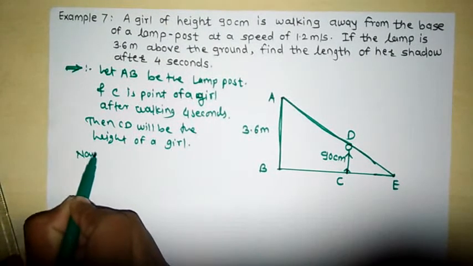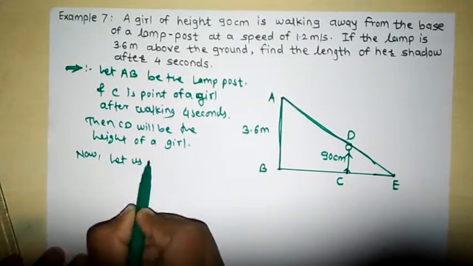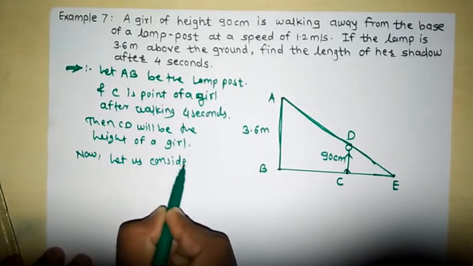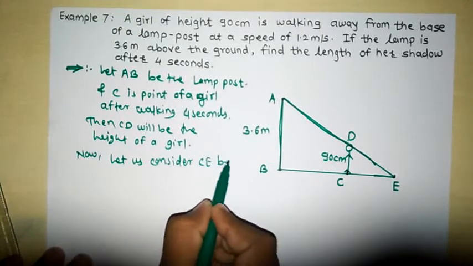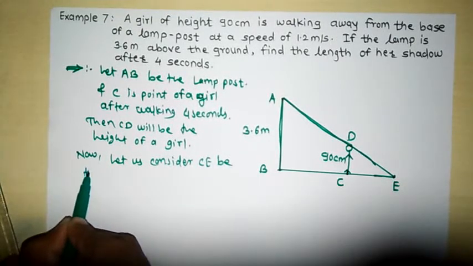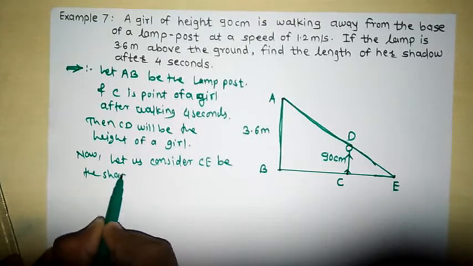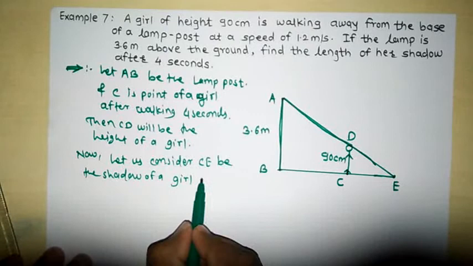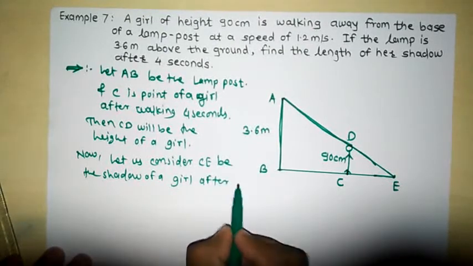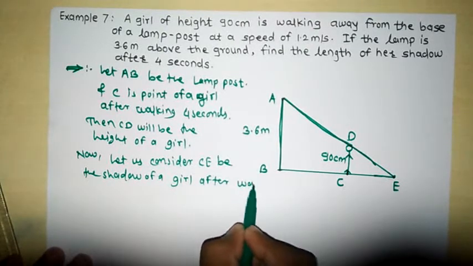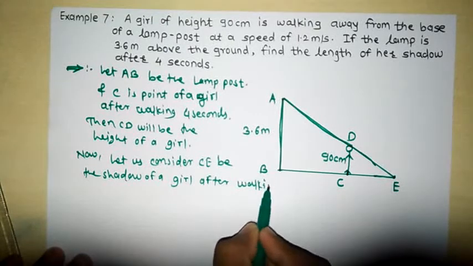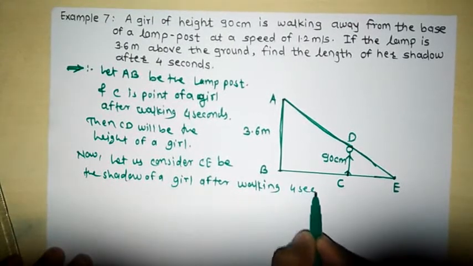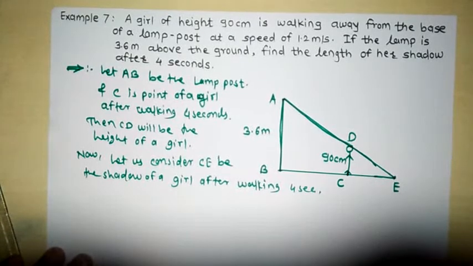Now let us consider CE be the shadow of the girl after walking 4 seconds.